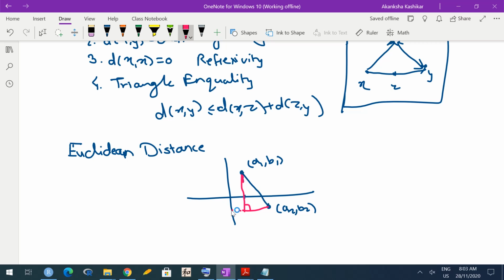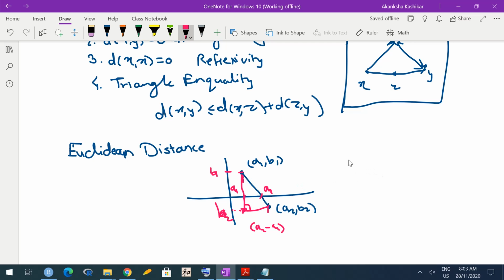So I know this is b2, this is b1, then this is a1 and this is a2. That much I know. So this side is of length a2 minus a1, this side is of length b1 minus b2, right? And how do I get the diagonal?